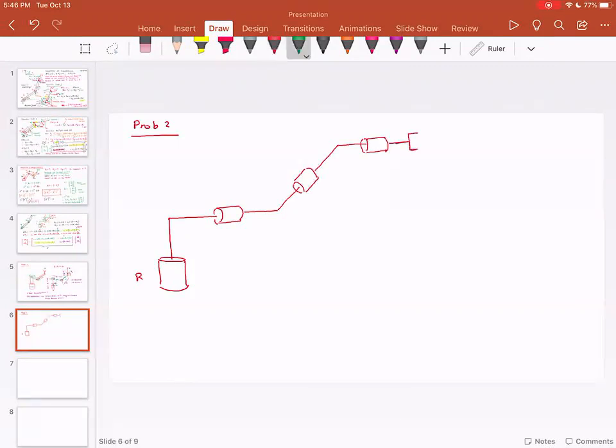So this is the first revolute joint, this is the second, this is the third, this is the fourth revolute joint. So you have R, R, R, R.